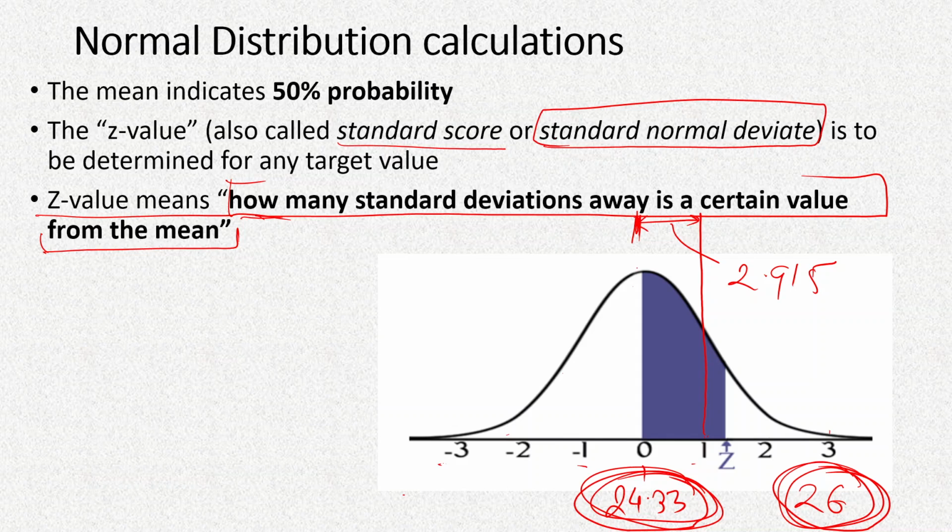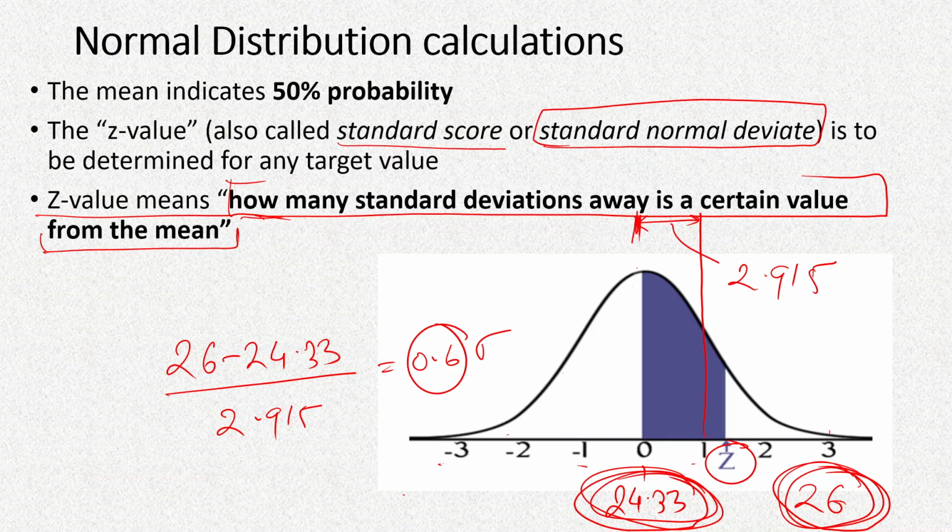So that will be calculated as 26 minus 24.33, that's the actual difference, divided by the standard deviation 2.915, and whatever that will give you, suppose 0.6 or something. We'll see that later. So it is 0.6 times the standard deviation, or therefore the z value itself is called 0.6.